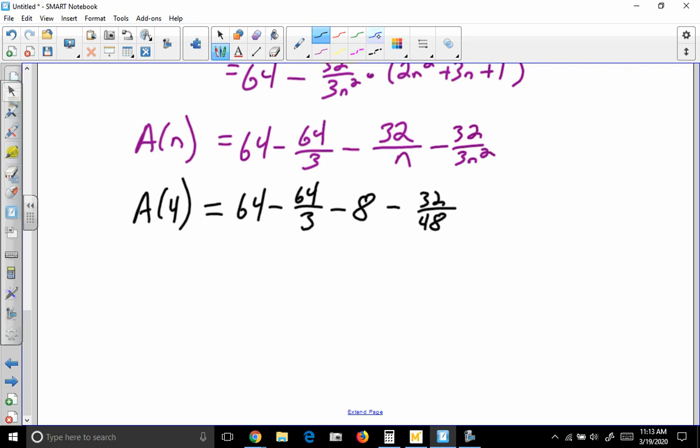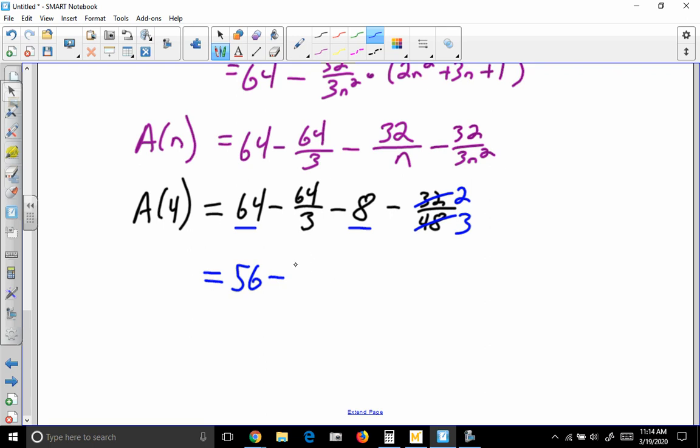So we can reduce this. 16 goes into 32 2 times, 16 goes into 48 3 times. This and this both have a common denominator. So we have 64 minus 8 is 56. Notice this is a minus 64 and that's a minus 2.